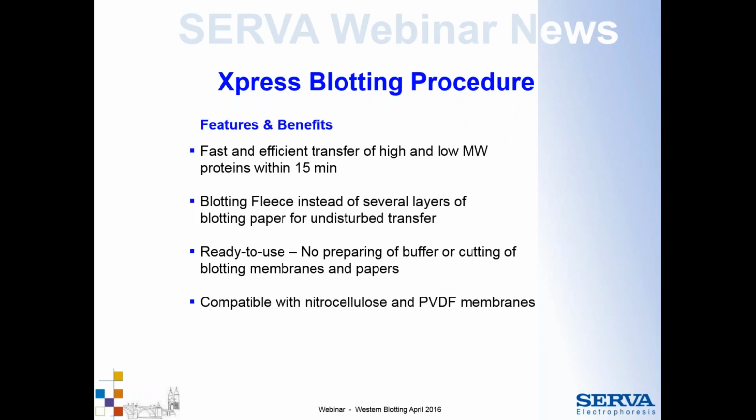So what are the features and the benefits of this new blotting procedure and the kits? It is a fast and efficient transfer of high and low molecular weight proteins within very short time, so within 15 minutes. The blotting fleece is used instead of several layers of blotting paper, so to reduce disturbances of the transfer, like air bubbles between the different layers of blotting papers and these things.